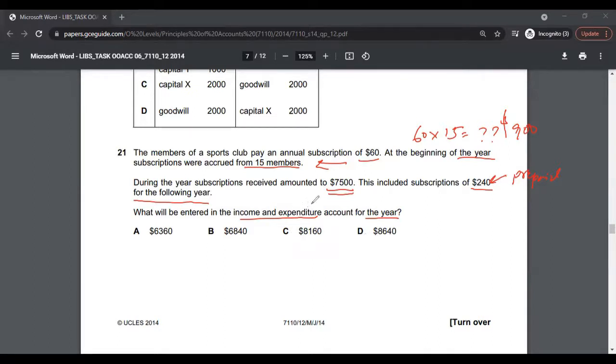So we need to calculate the income and expenditure, or the subscriptions for the current year, right? So how would you do that?